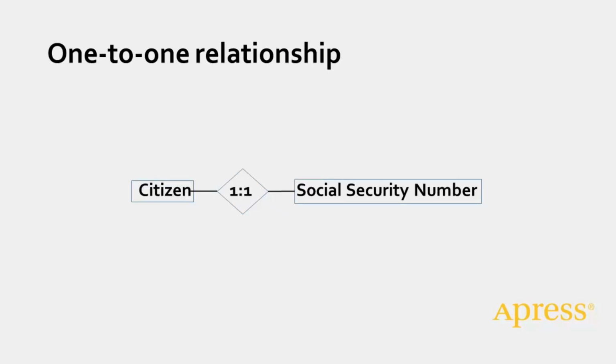Another example would be the relationship between a U.S. citizen and that citizen's Social Security number. A citizen can have one and only one Social Security number, and each Social Security number applies to one and only one citizen. I say that the one-to-one relationship is too simple because in most cases it's not necessary.